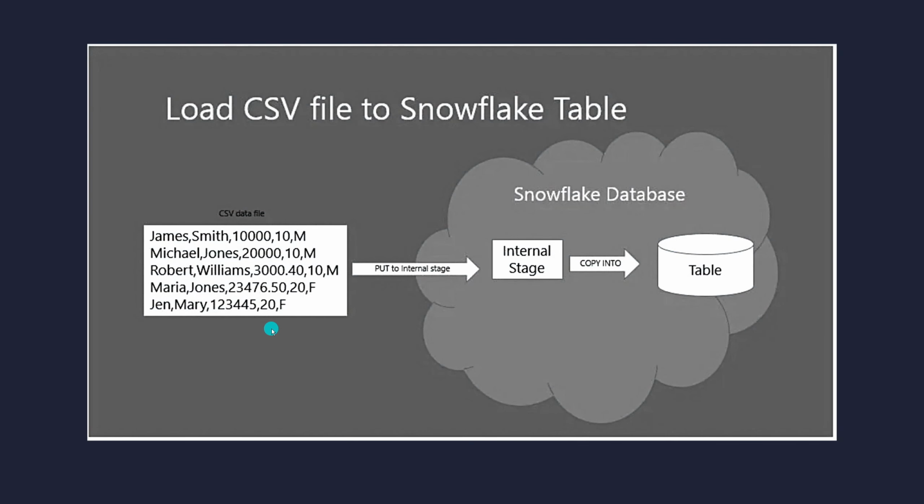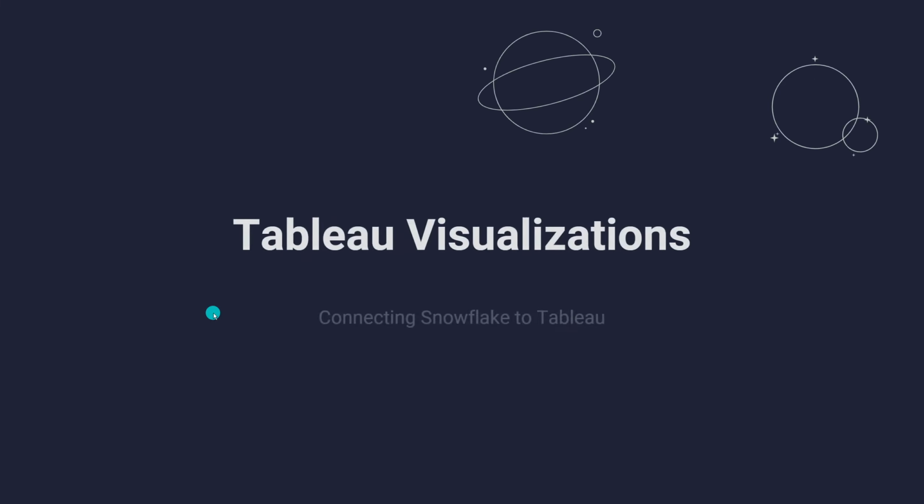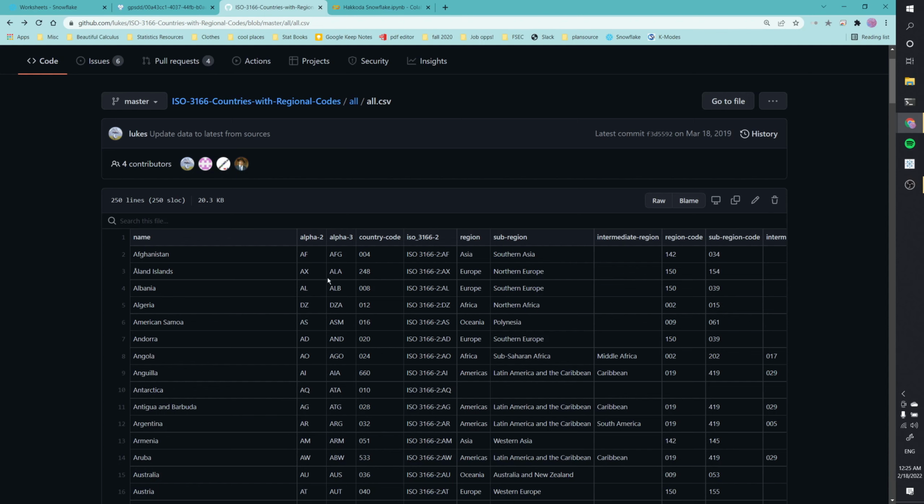And this is pretty much the process that we'll be doing. So we have a CSV file. We're gonna put it into this internal stage in Snowflake, and then we're gonna copy that into a specific table. So that's the little workflow. And okay, yeah. Let's go ahead and do that.